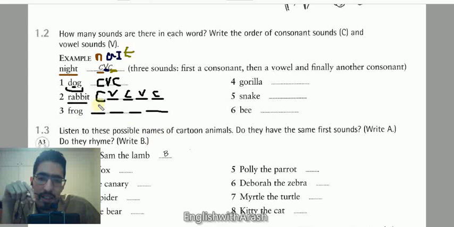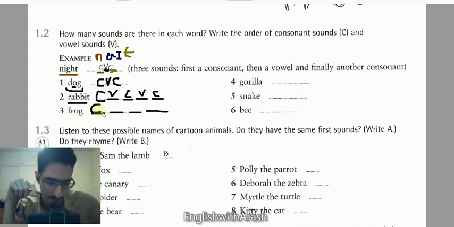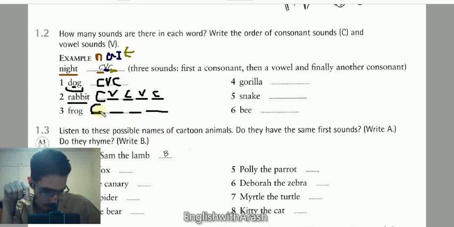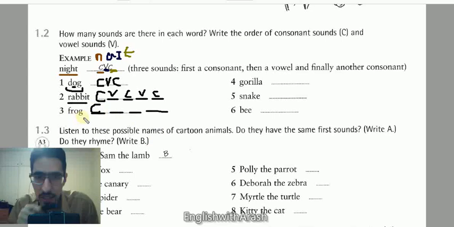Frog. F. Starts with a consonant, of course. Good, Armin. Hediye, good. What about frog? This is kind of different. What do you think about it?